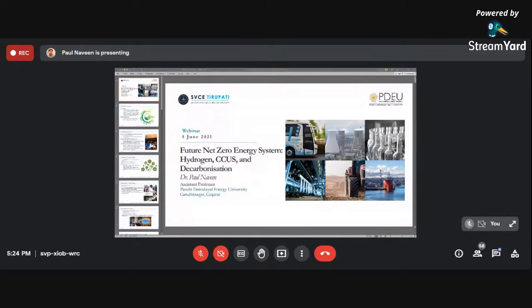Is there any concept of using greenhouse gases as fuels for automobiles? Krishna, that is a very good question. Methane is one such greenhouse gas. Methane is an important component of natural gas. LPG is mostly butane, but the major component of natural gas is methane.